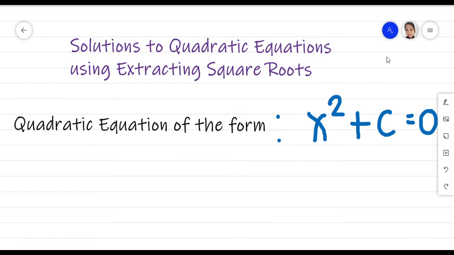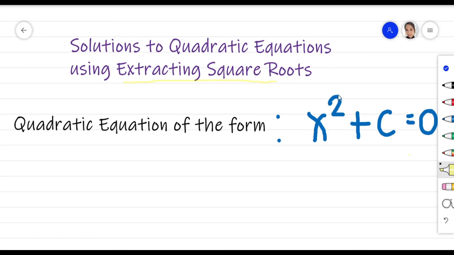Since we know already how to extract square roots, we will be applying what we learned on finding solutions to quadratic equations using extracting square roots. Now, extracting square roots is very applicable to quadratic equations of the form x squared plus c equals 0, meaning we do not have the linear term.